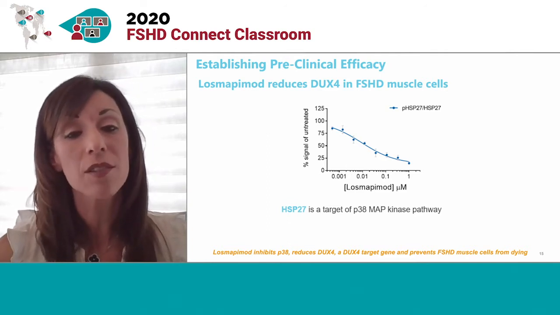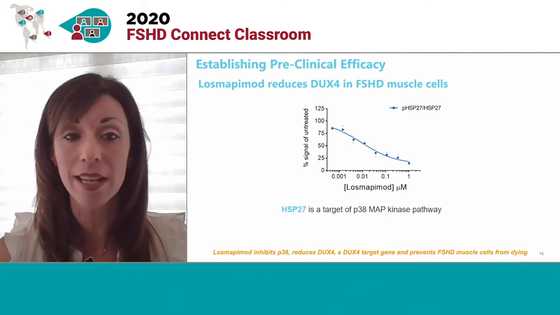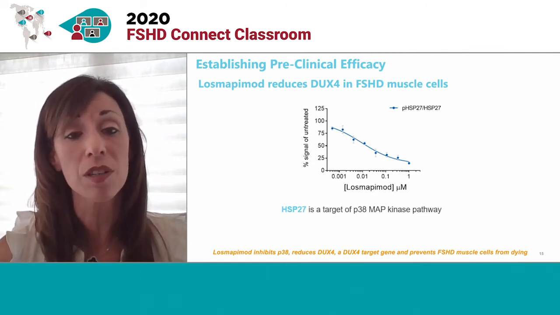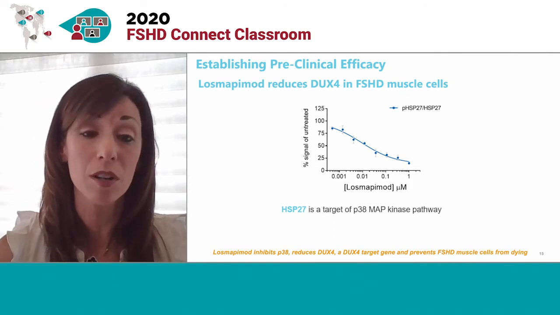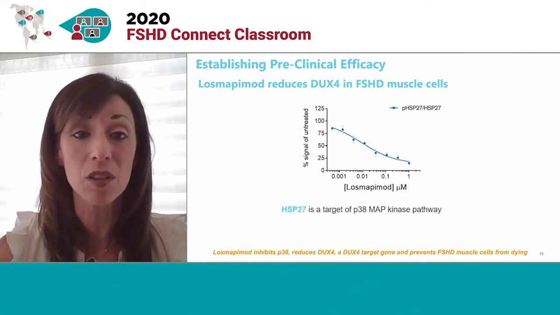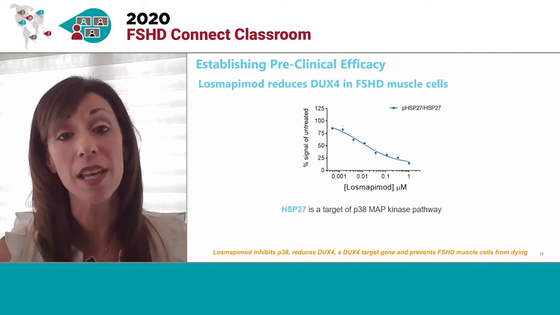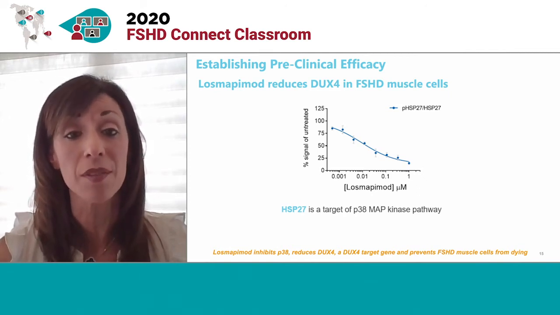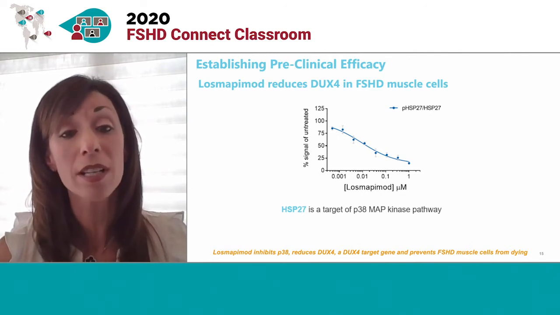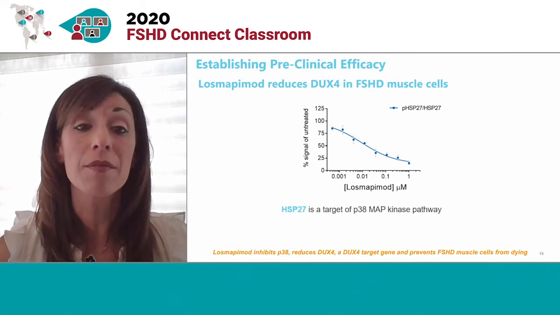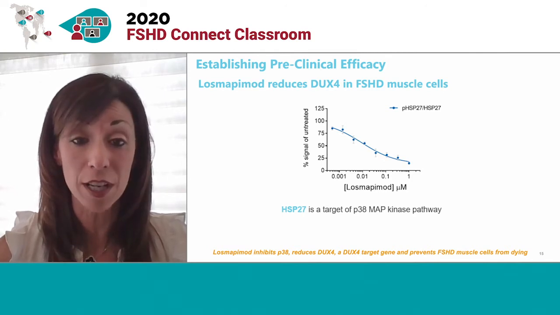What we wanted to be sure of is that losmapimod engaged the target, that target being P38, and how we measured its engagement of the target is by looking at a biomarker called HSP27. We looked at the ratio of the phosphorylated HSP27 to the total HSP27, and when you have increased target engagement or increased inhibition of P38 alpha, you get a decrease in this ratio.